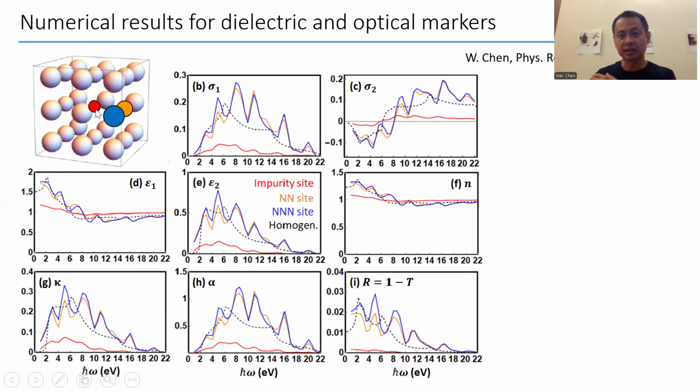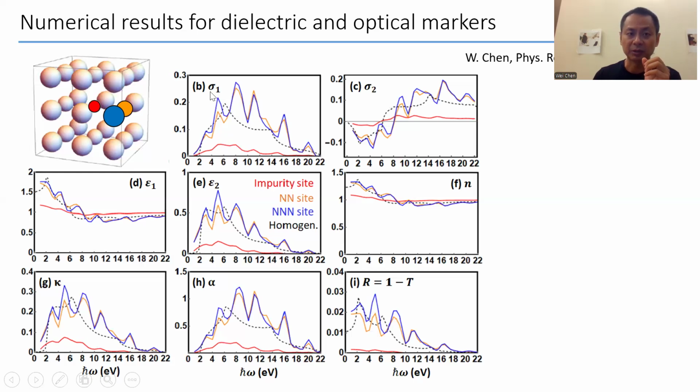In this specific project, I study the markers on the impurity site and one site away, the nearest neighbor site, marked as orange, and the second nearest neighbor site, marked as blue. Here I show you all the optical and dielectric properties as a function of frequency on these three sites.